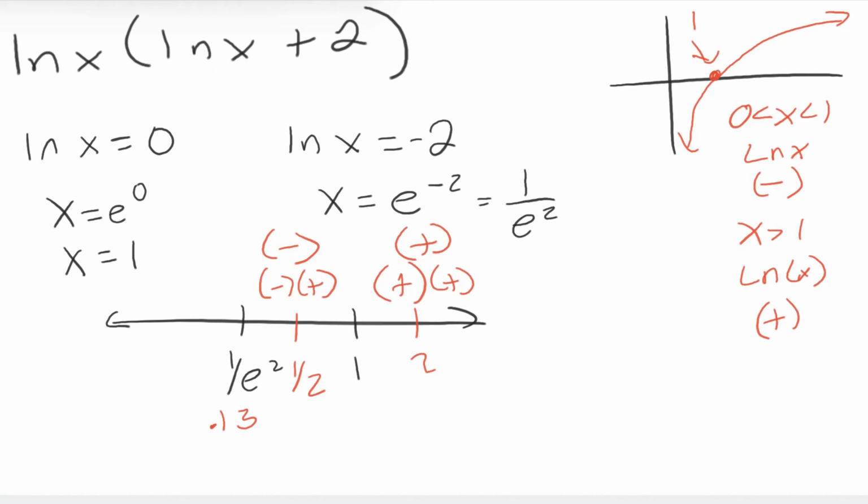And now over here, after this point, I can't plug in 0, so let's plug in 0.1. ln of 0.1 is going to be negative, so it's going to be positive on that side.